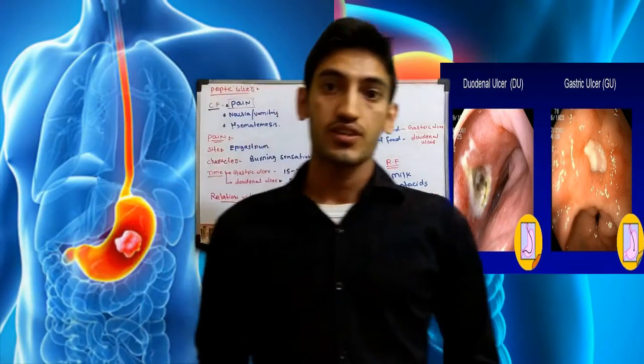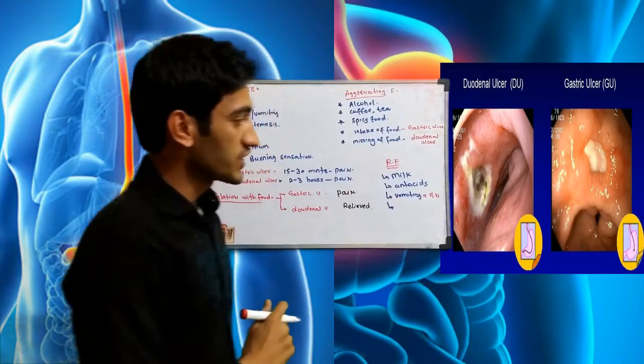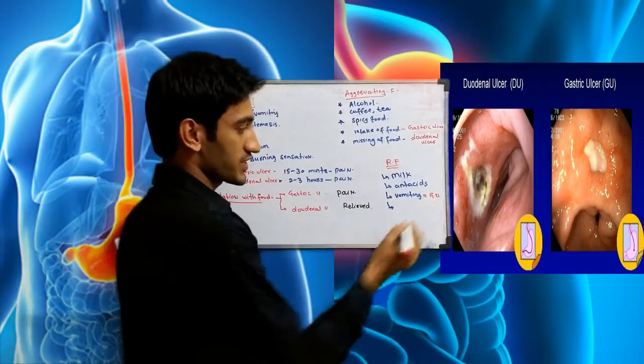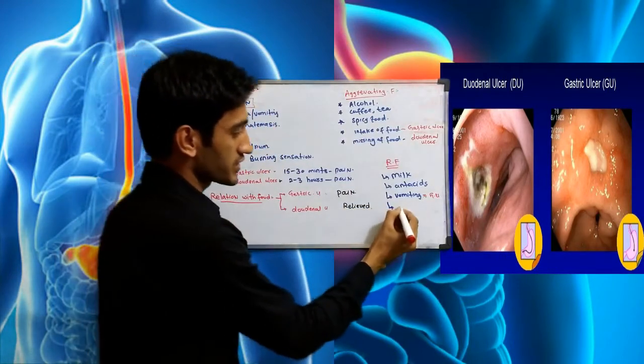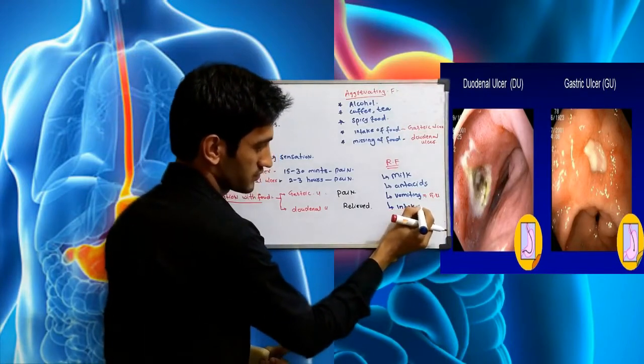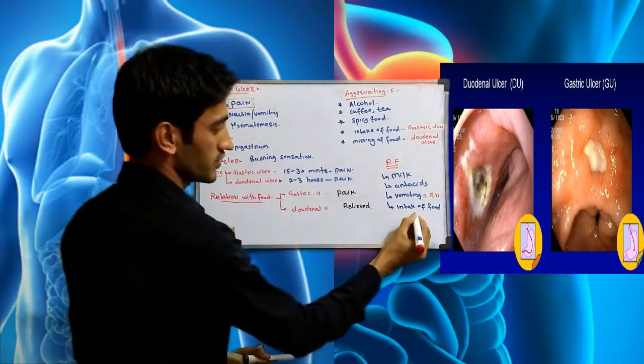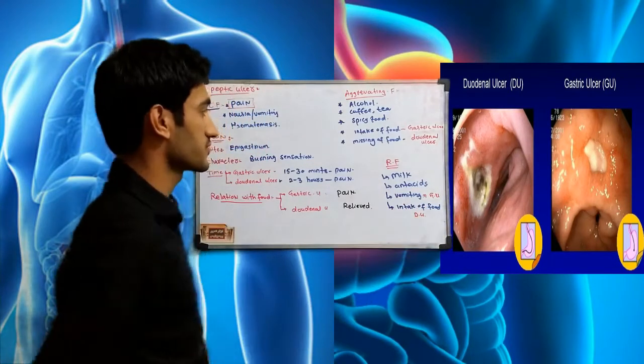The relieving factors: vomiting will relieve the pain in case of gastric ulcer, and intake of food will relieve the pain in case of duodenal ulcer.